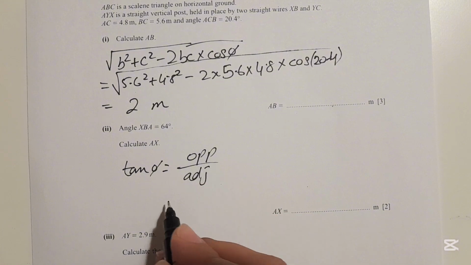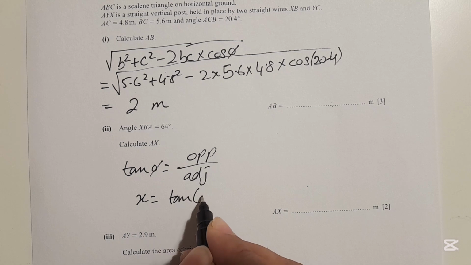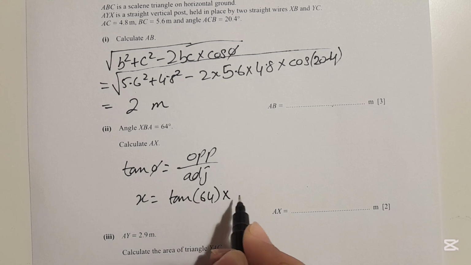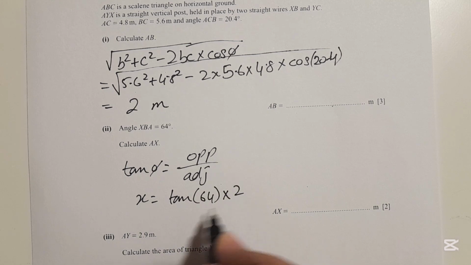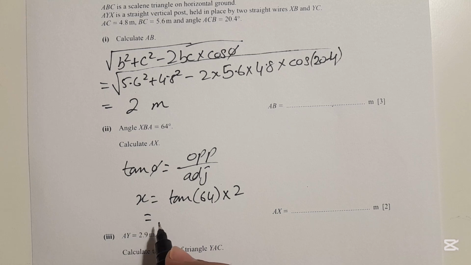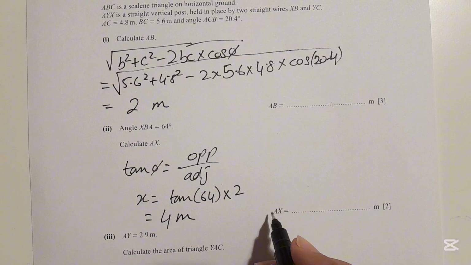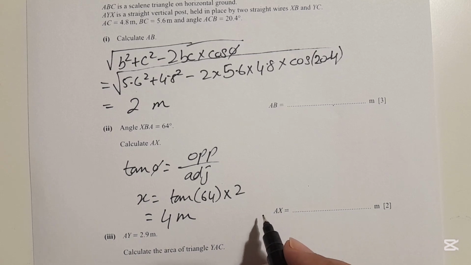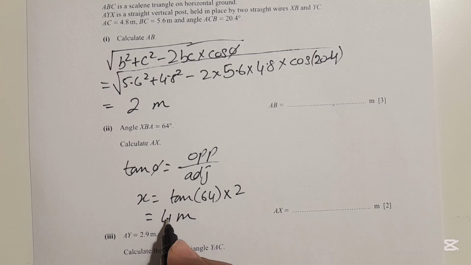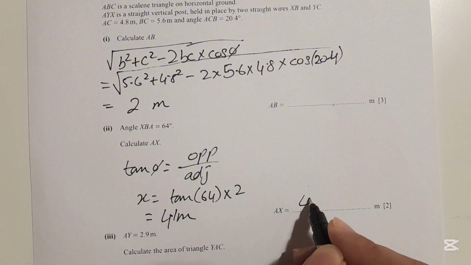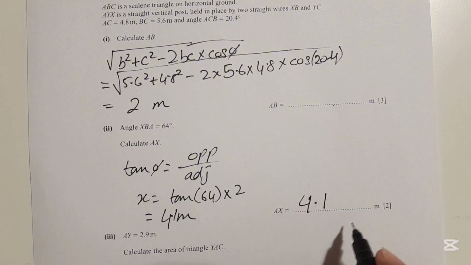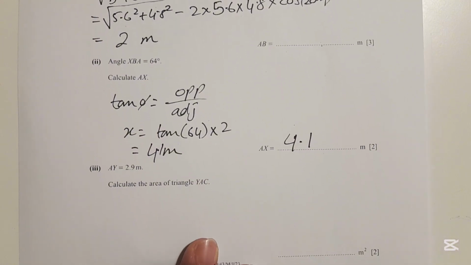AX is equal to tan 64 times 2. So the length will be 4, or you can round it off to 4.1 meters, which is the final answer for part 2.